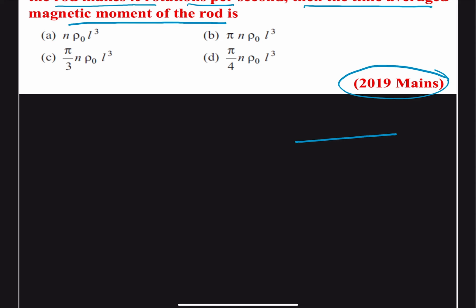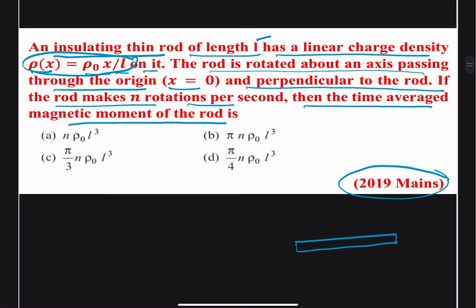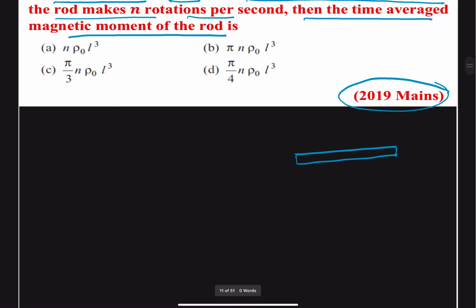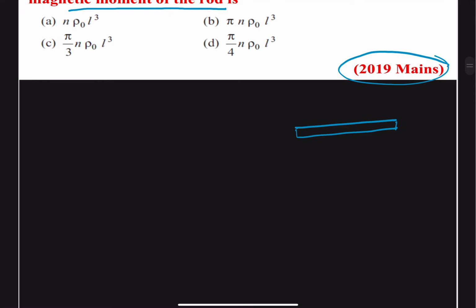It is something like this, and it is being rotated about an axis perpendicular to the rod. So this is given as x equal to 0. So this is our origin, and we have an axis that is perpendicular to this rod. Let us suppose this is the axis about which it is being rotated. So therefore it will be forming some kind of circle.